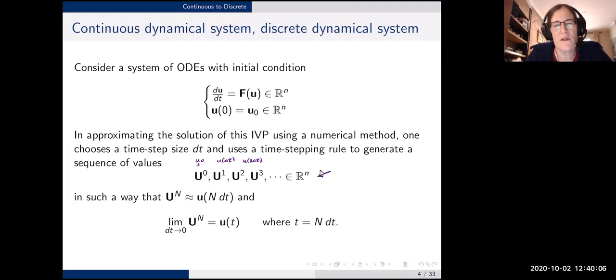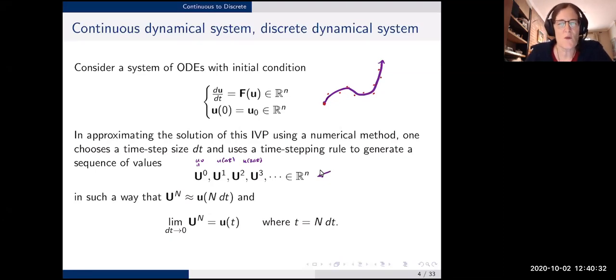Rather than constructing the solution, which is a continuous curve, you would be trying to find a sequence of values which are close to the curve. And the smaller the dt is, the closer you get to the curve.